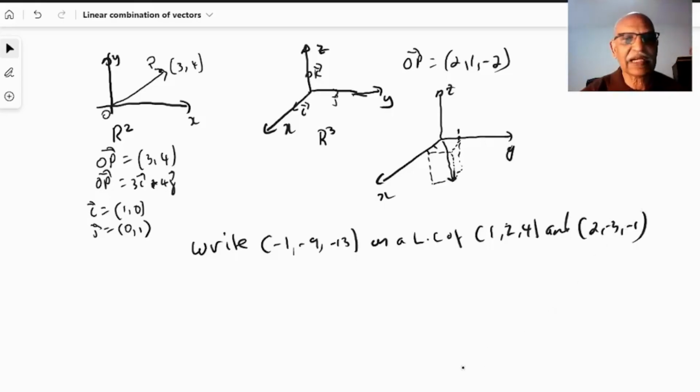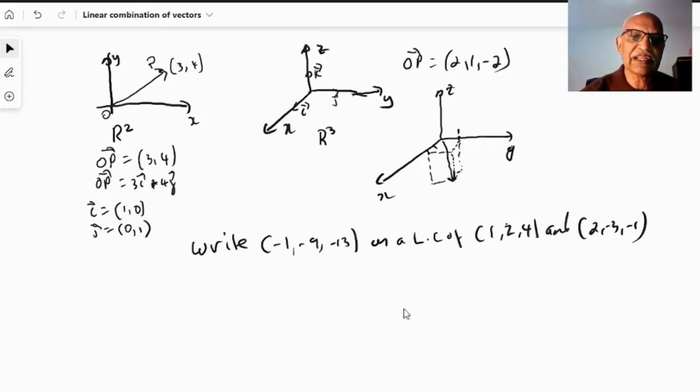This happens only if we have non-zero and non-collinear vectors. So I can check these are non-collinear. Non-collinear means one is not a multiple of the other one. Zero vector means these are all zero. So none of them looks like collinear, but let's check.